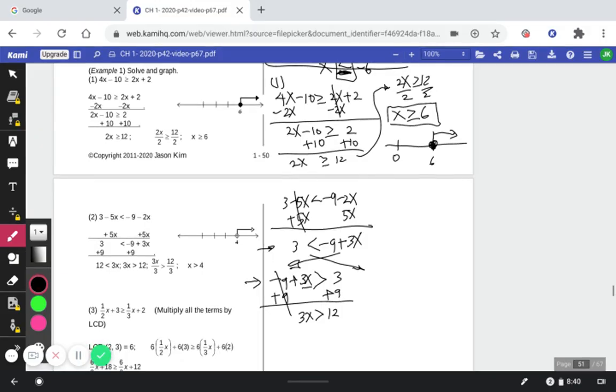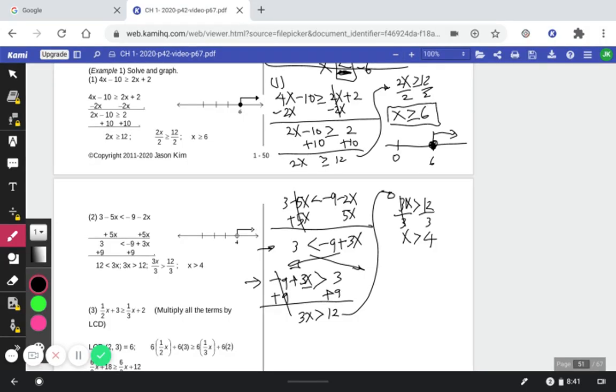And then the next step would be to divide both sides by the number in front of x, which is 3 in this case. So if you divide by 3 and divide by 3, you have x is bigger than 4. So that becomes your solution for this inequality.